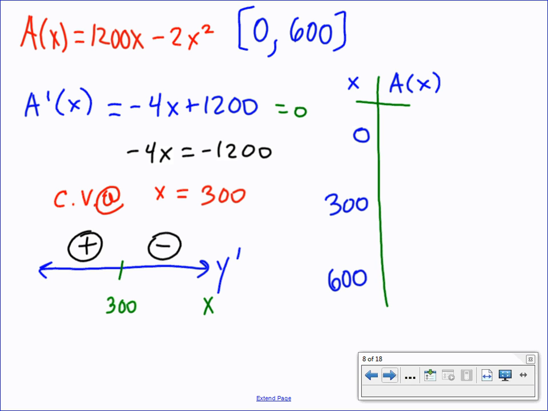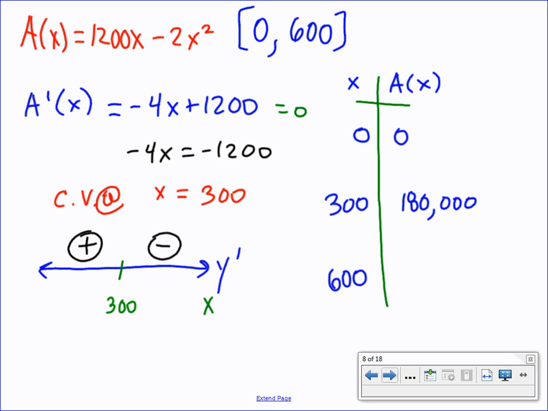Now I can determine the area by evaluating my function A of x at the given x value. When x equals 0, my area enclosed would be 0 minus 0, which is 0 square feet. When x equals 300, I can evaluate my area. It looks like 1200 times 300 is 360,000, minus 90,000 times 2 is 180,000. 360,000 minus 180,000 is 180,000.